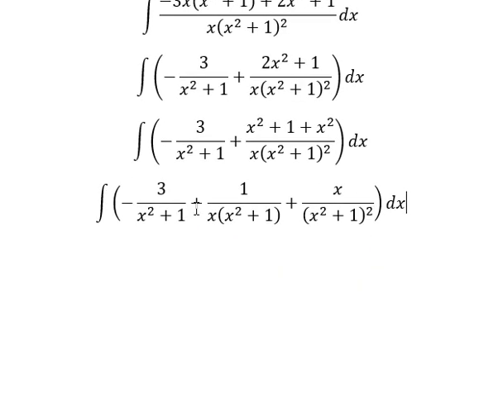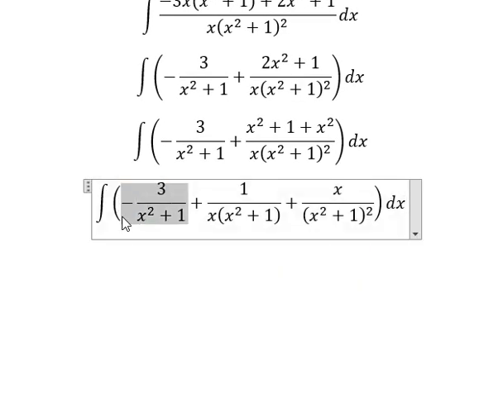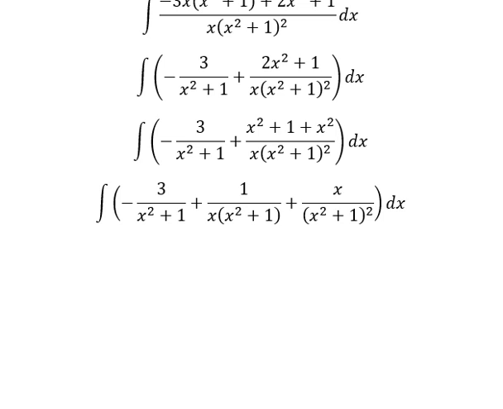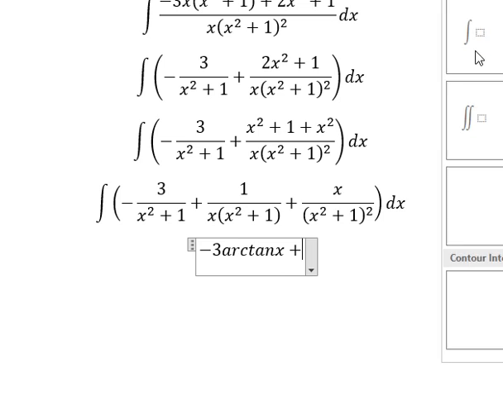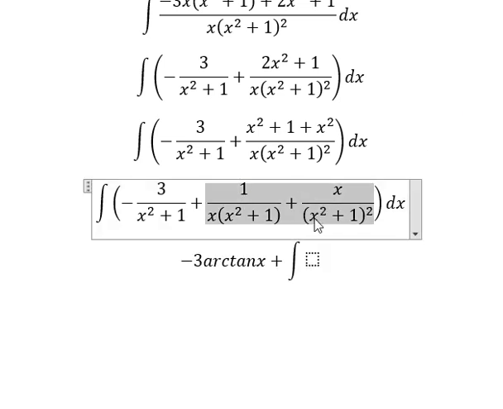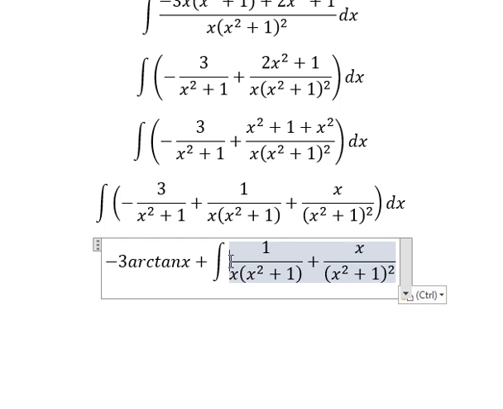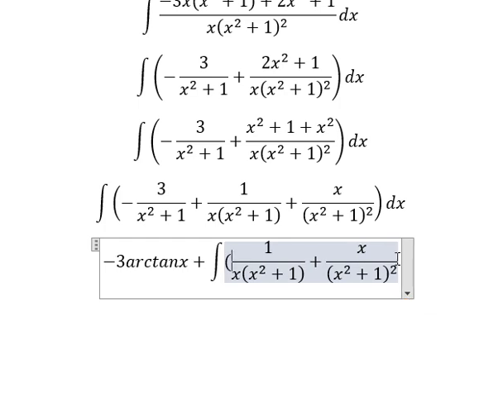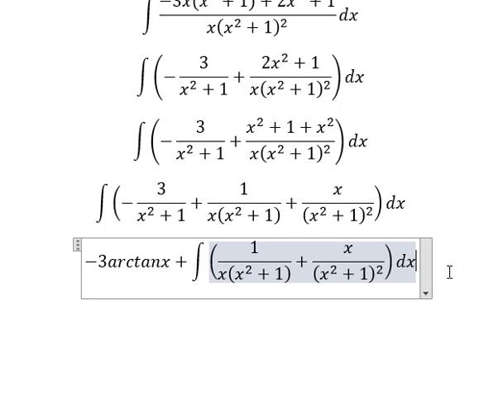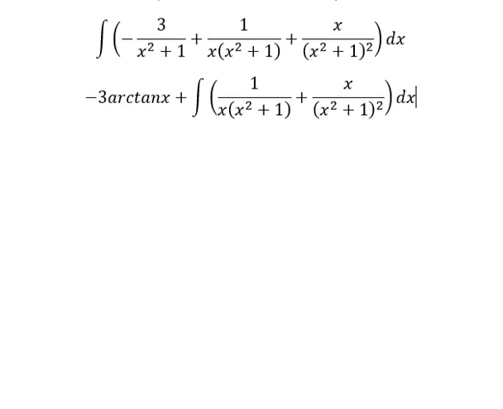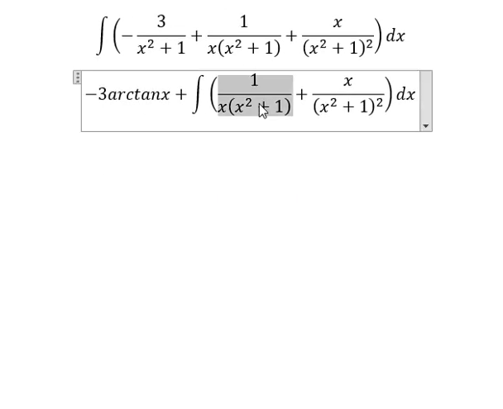Now the first one, the integration of negative 3 over s squared plus 1, we have negative 3 arctan of s. Now we need to focus on this one.